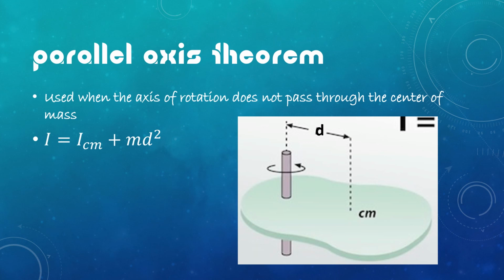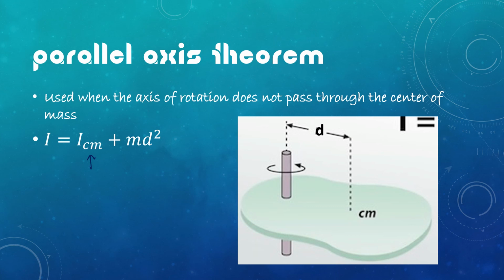The equation says that the moment of inertia is equal to, sorry, let me rephrase that. This right here is your moment of inertia for when your axis of rotation passes through the center of mass, plus the object's mass times the distance from the center of mass to the new axis of rotation squared. That's kind of a mouthful. So here's an example of that.